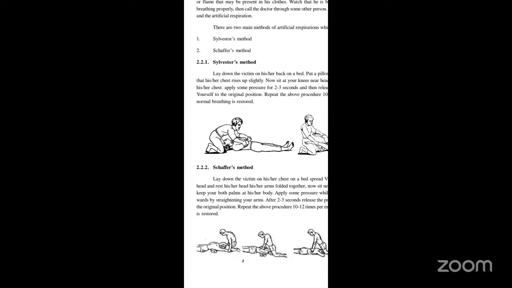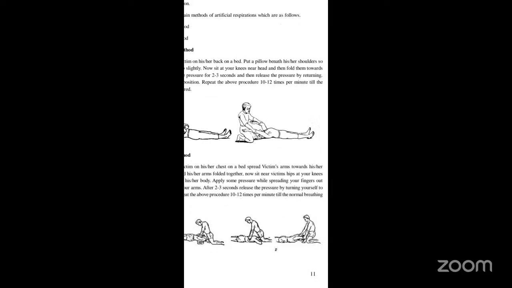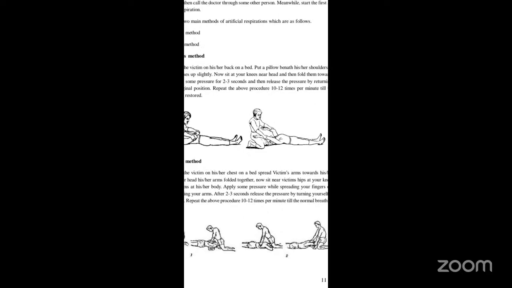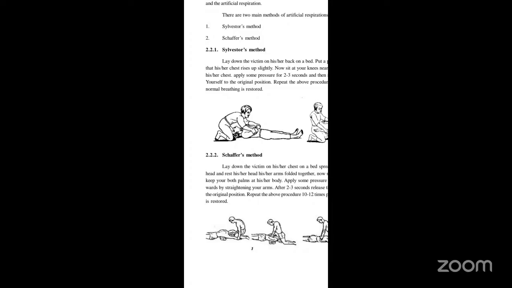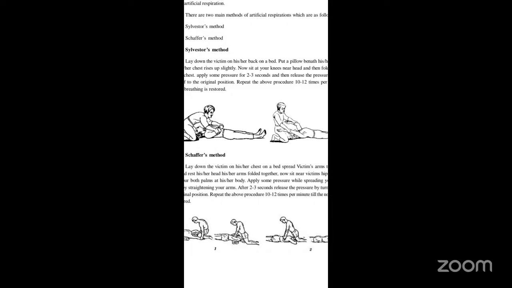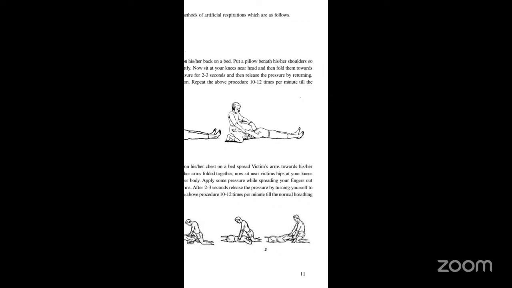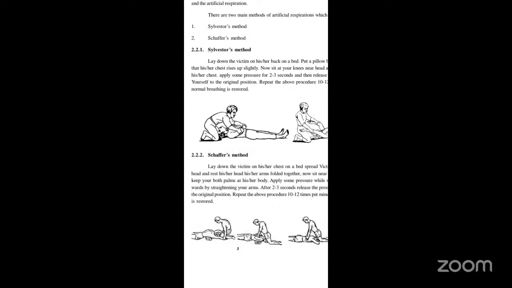Next, Schaffer's method. Lay the victim down on his or her chest on a bed. Spread the victim's arms towards the head and rest the arms folded together. Now kneel near the victim's hips. Keep both palms on the body.